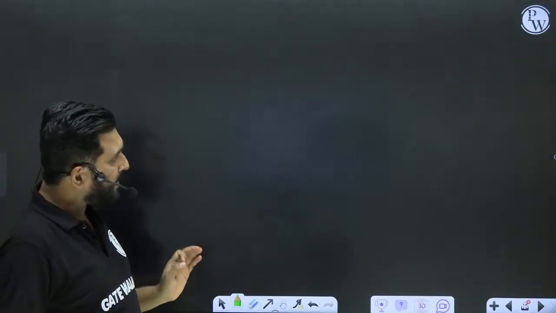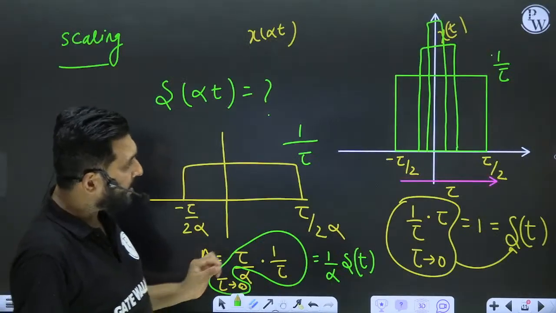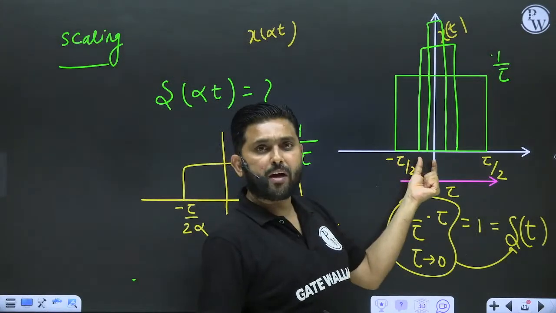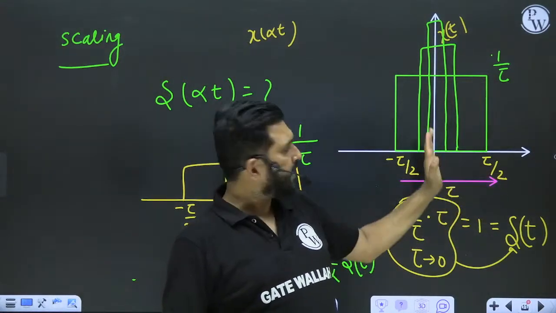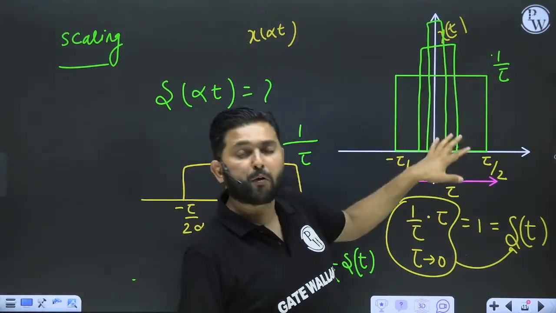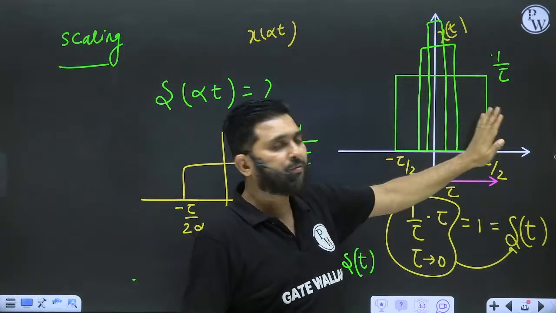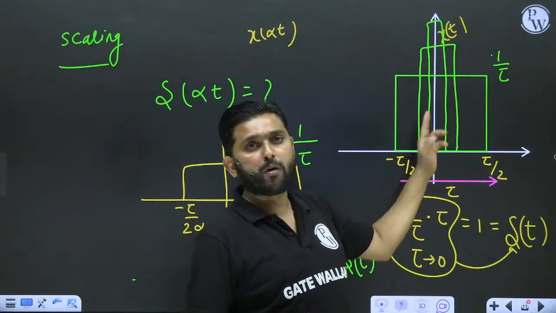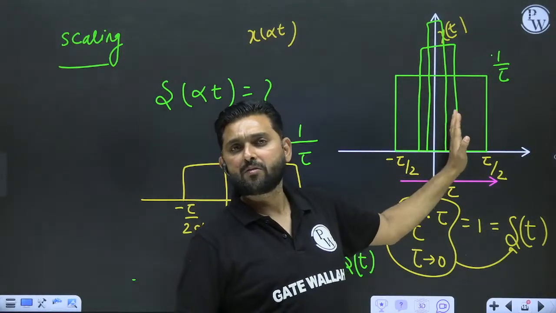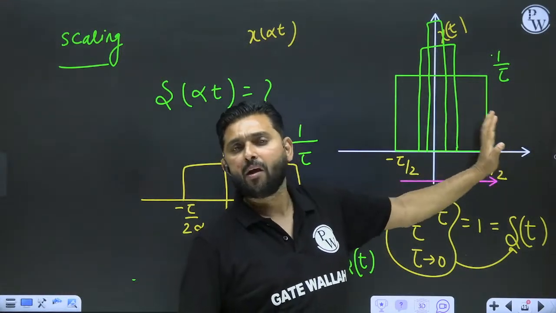But the point is, if I reverse it, what will happen if alpha is negative? Since this function is purely even, if you reflect both the sides, it's just a mirror image, so it will purely overlap on both the sides.